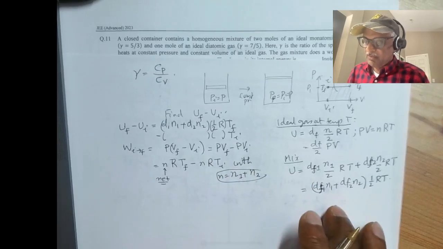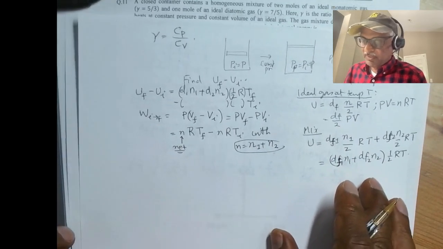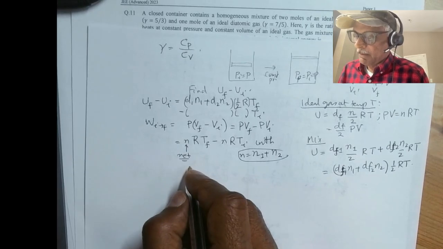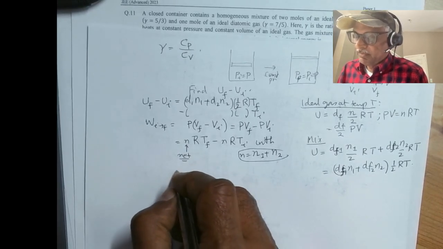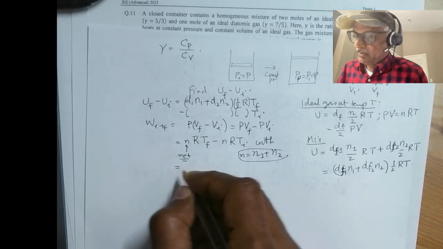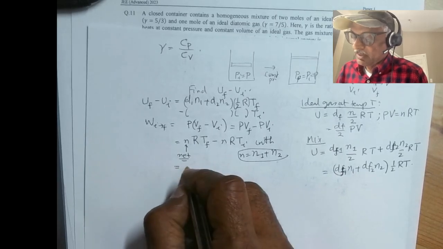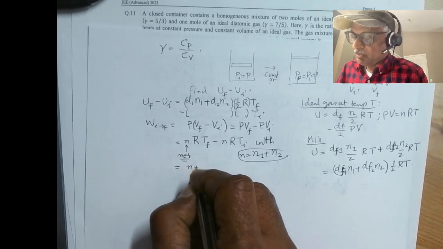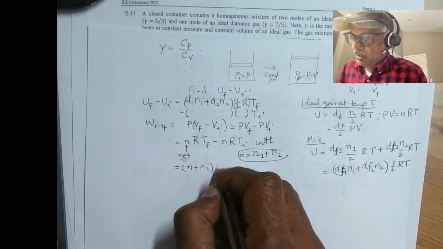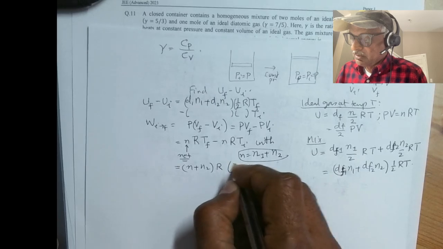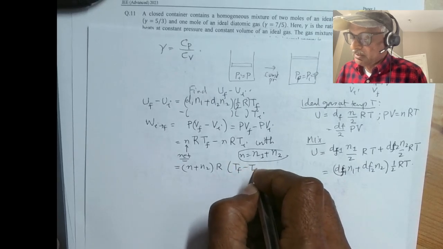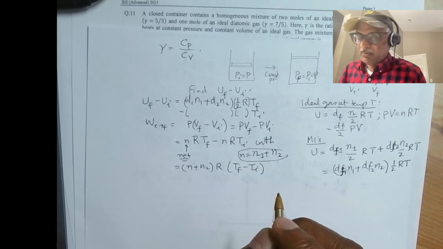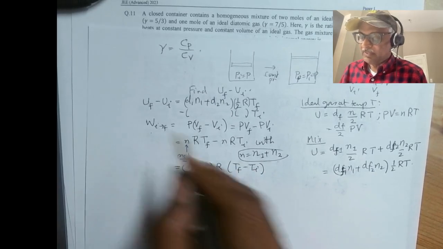It's total here. So if I look at it here, then what we have is N1 plus N2 times R times TF minus TI, and this is given, right?